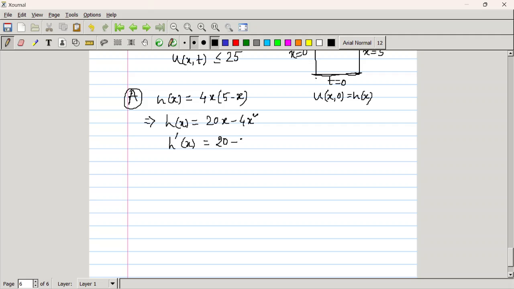So h'(x) is 20 minus 8x. h'(x) equal to 0 gives 20 minus 8x equal to 0, that gives x equal to 20 by 8, that is 10 by 4, that is 5 by 2, which is 2.5.